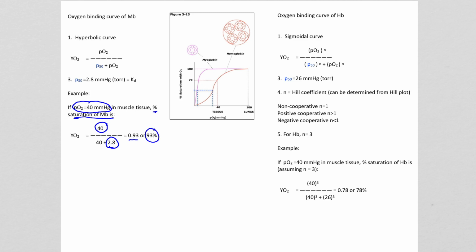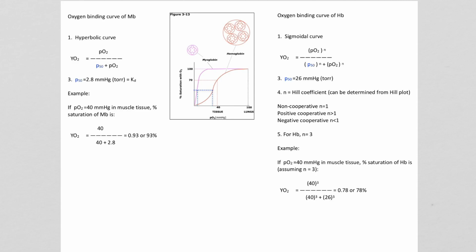That means at 40 millimeters mercury pressure of oxygen, the myoglobin is about 93% saturated. 93% of the myoglobin is bound to oxygen.